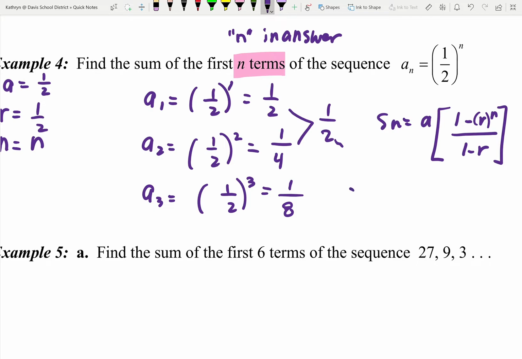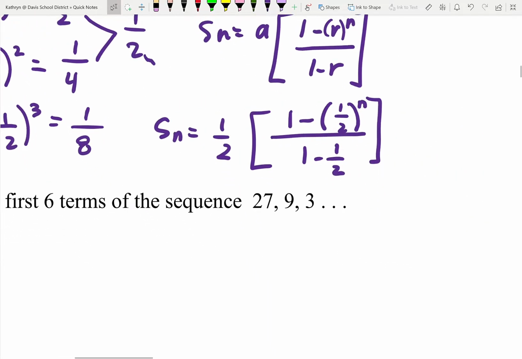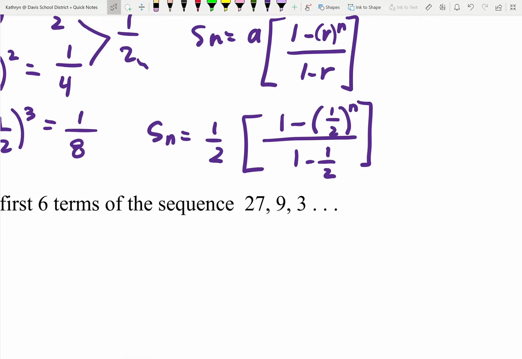So the sum of the first n terms is a, which is 1/2, bracket, then you go 1 minus, in parentheses, put the ratio, which is 1/2, to the n power over 1 minus the ratio, which is a 1/2. Okay?